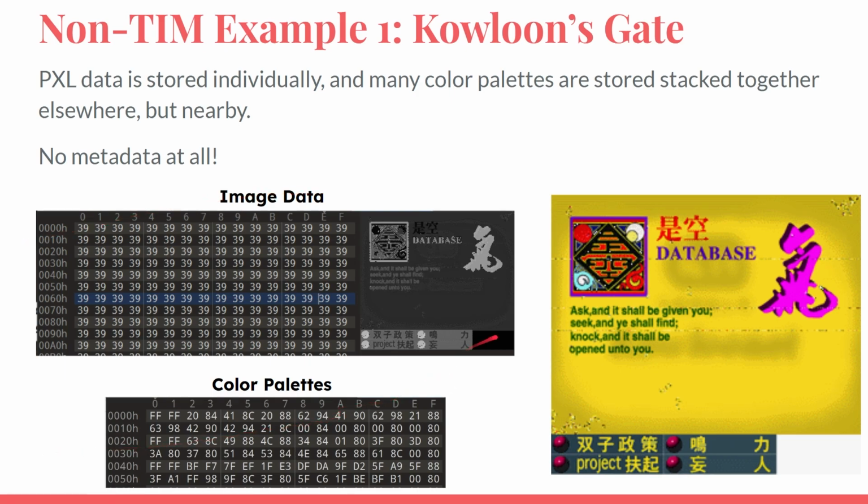We can extract these images because we can identify the pixel data as well as the color palette data, as we said before. The color palette data was luckily stored pretty close to the individual images. You will usually find images very, very close by with their color palettes. That's generally how it is.